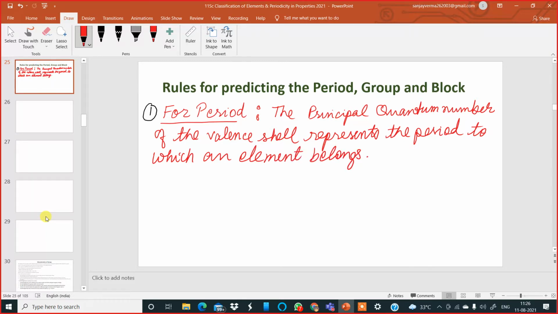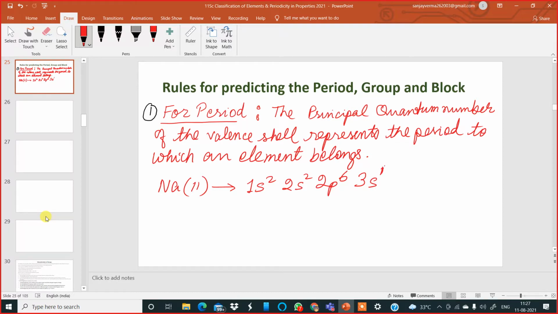For example, if I take sodium, its atomic number is 11. Now I'll write down the electronic configuration: 1s2, 2s2, 2p6, and then 3s1.